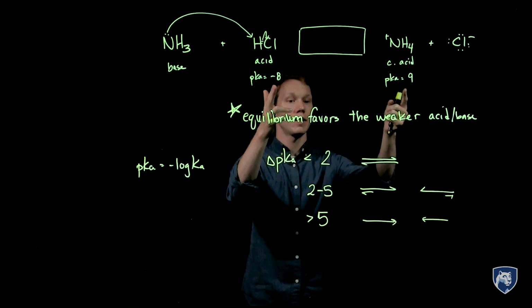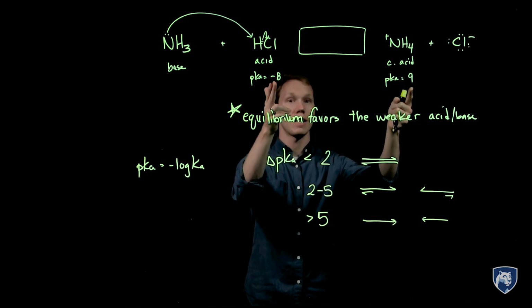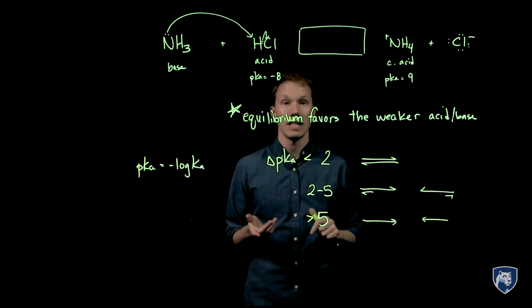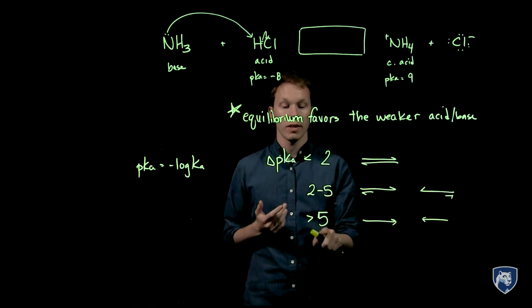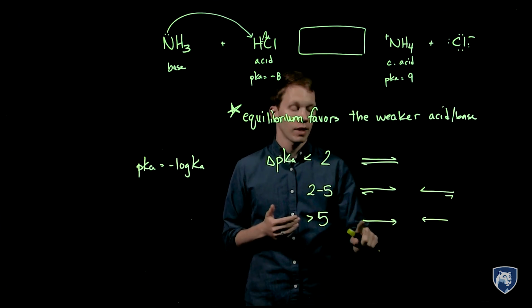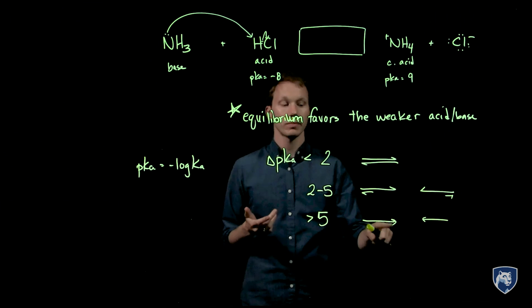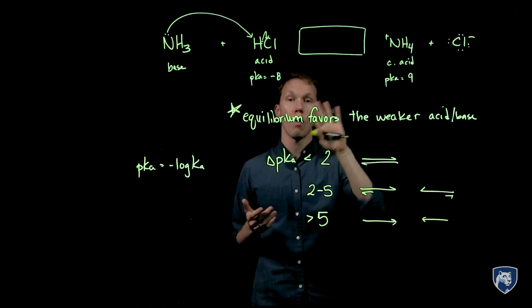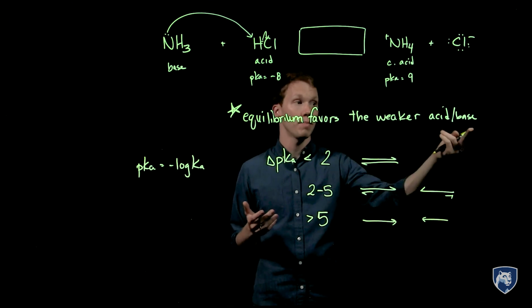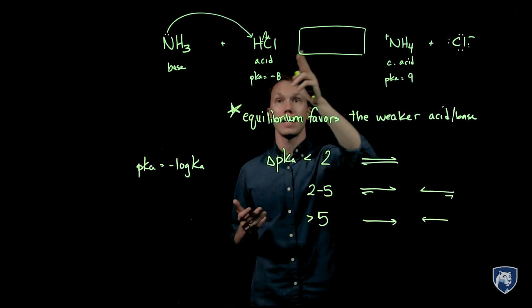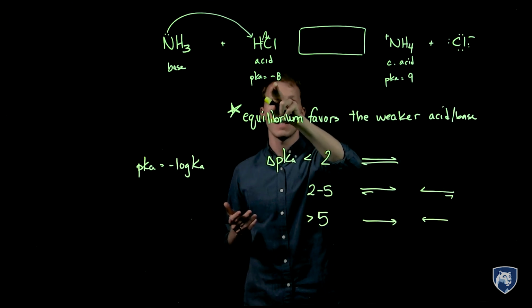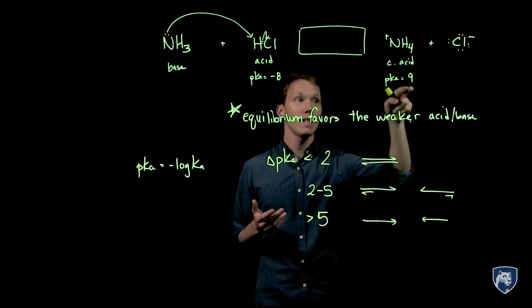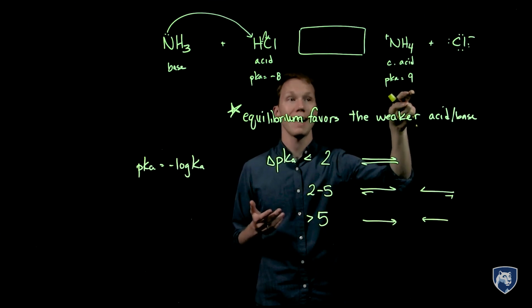So given that the difference in pKa, -8 to 9, is 17 units, that would be greater than 5, and we're going to have a one-sided arrow here. And the arrow that we choose is going to point towards the weaker acid-base pair. So since the pKa is -8 and this is 9, the higher the pKa, the weaker the acid.